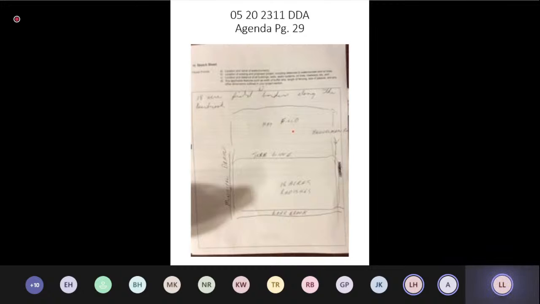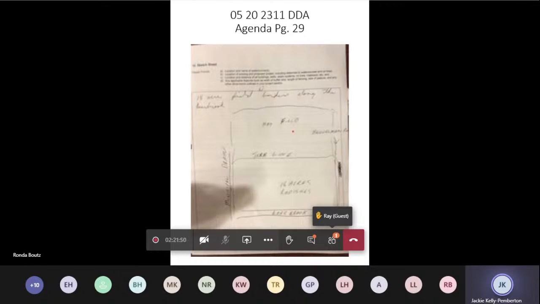Any questions? So just to clarify, Madam Chair, if it's 18 acres, the maximum grant would be $900 at $50 an acre. Thank you, Rhonda. So at this point, we're looking for a mover. Ray, thank you. Second by?